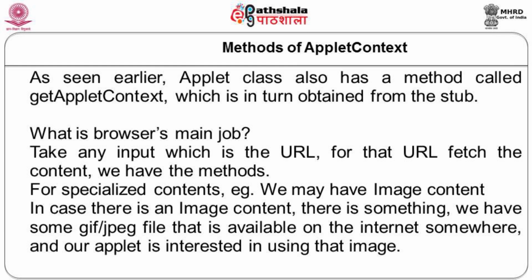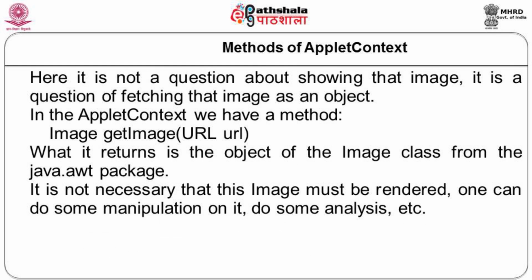As far as a Java application is concerned, it's not a question of showing the image, it's a question of fetching the image as an object. So in the applet context, we have a method called getImage. The parameter to that is a URL. What it returns is an object of the image class, java.awt.Image.